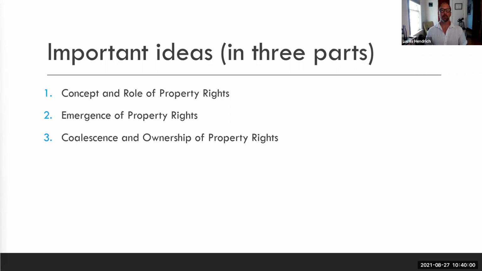And then we discuss the coalescence and ownership of property rights, meaning the structure of property rights, and how that is organized in terms of at what level: state, communal, or individual.